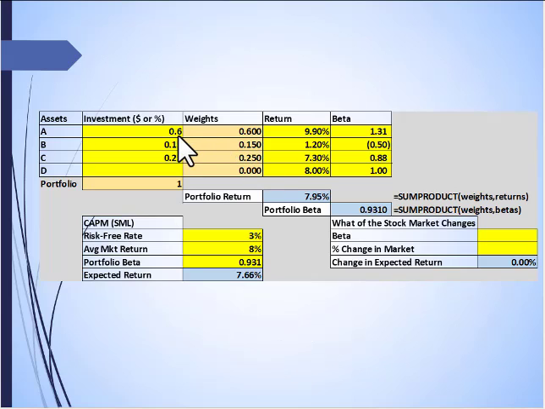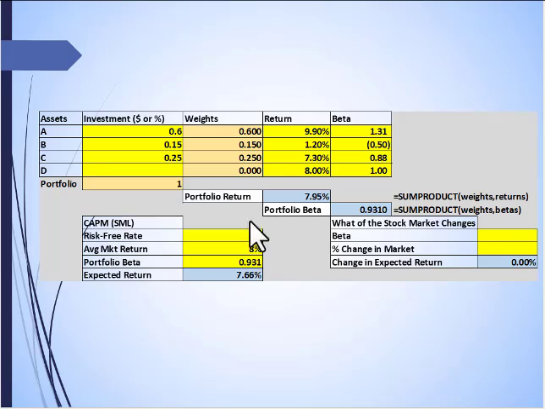If we put these three assets, and I only included these three assets, we have 60% of our money invested in A, 15% in B, 25% in C. Here are our weights, our returns, and here are our betas. So this portfolio earned roughly 7.95%. This portfolio has a beta of 0.93.